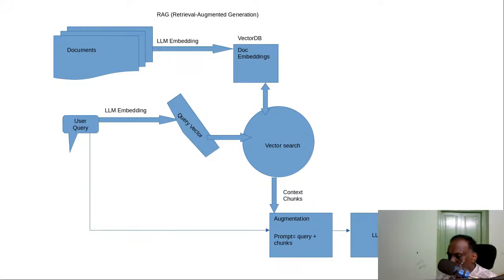One is that we unnecessarily pay a lot of money for token usage. LLMs mostly charge based on the number of input tokens and output tokens, so we spend a lot of money if we send unnecessary information.